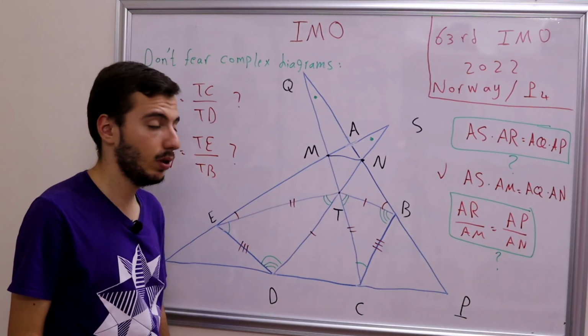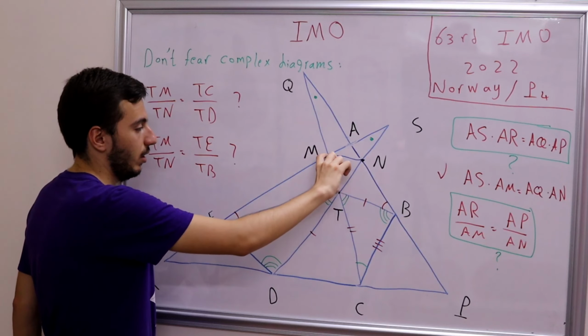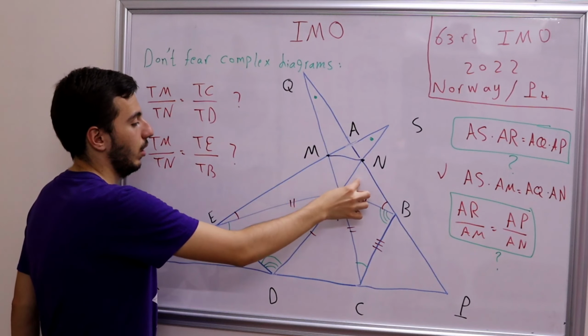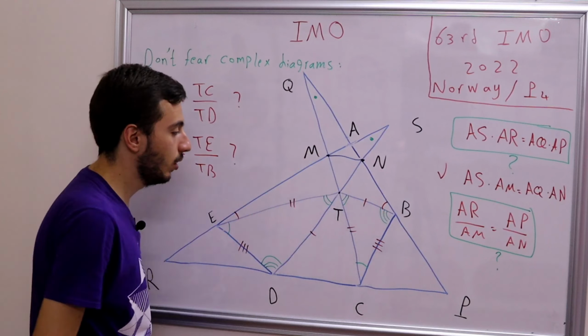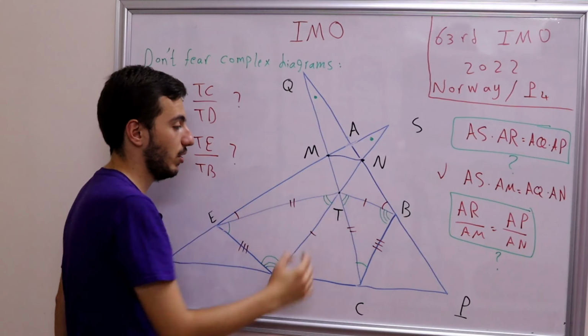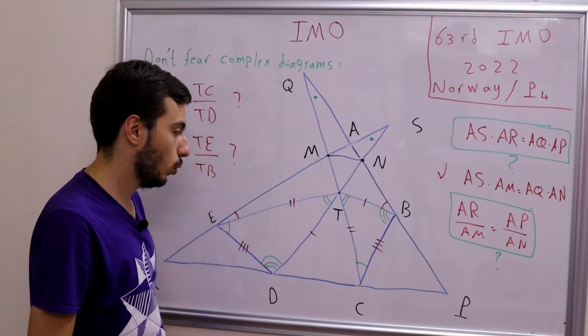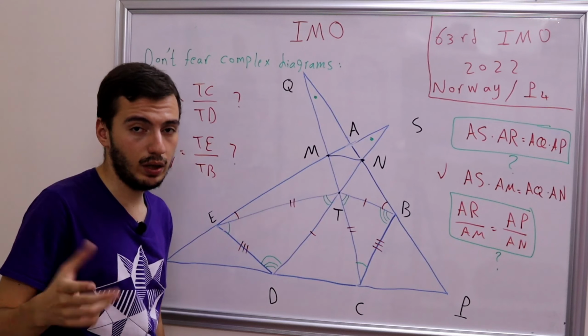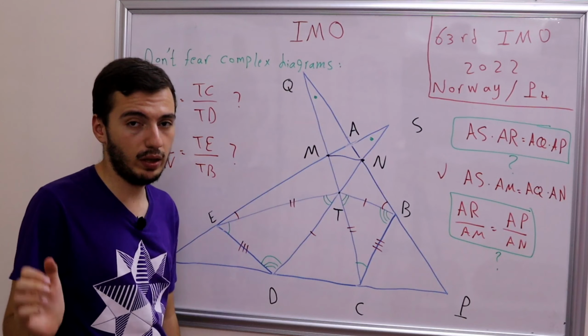Maybe they are similar, because that suggests that the ratio of this side over this one is the same as this one to this one. So maybe these two are similar, and guess what? We already have that this angle is the same as this angle. Maybe, but is it true? We already have one angle. If we can find another angle, then we'll be done, because this will show that they're similar.